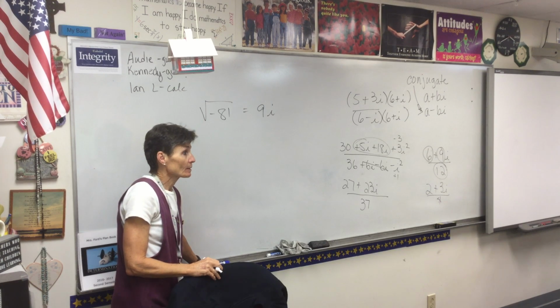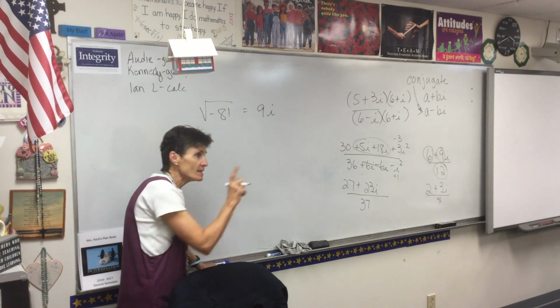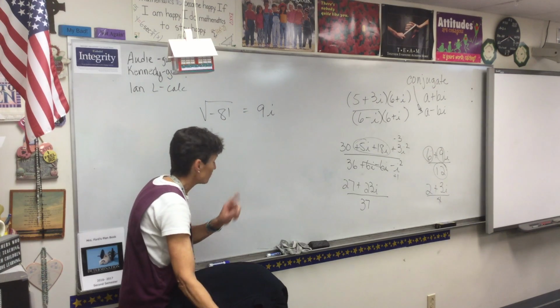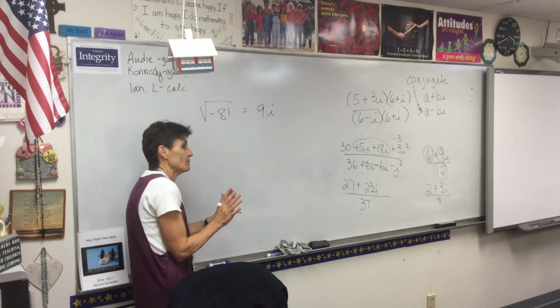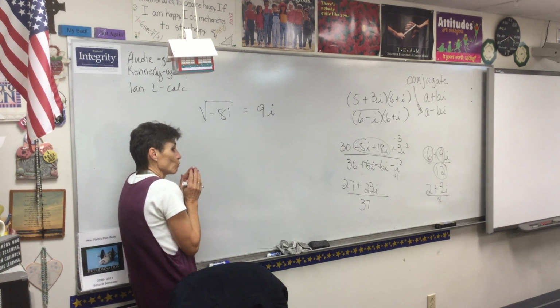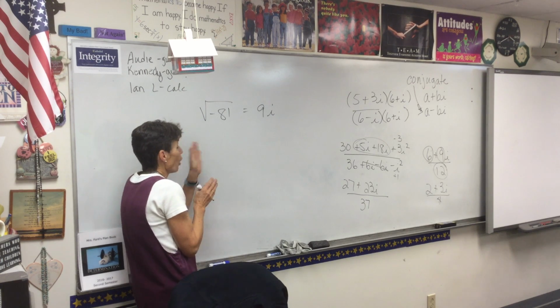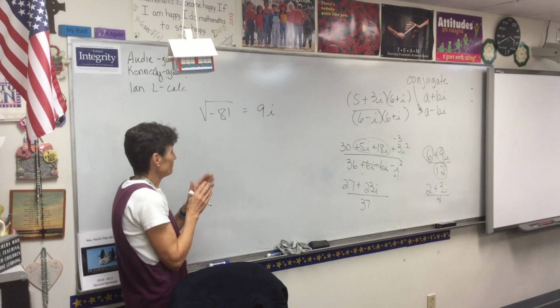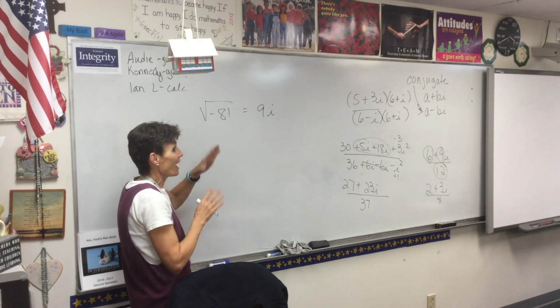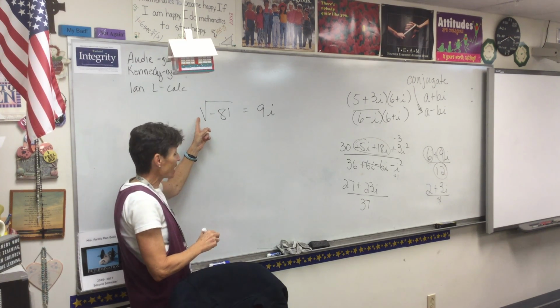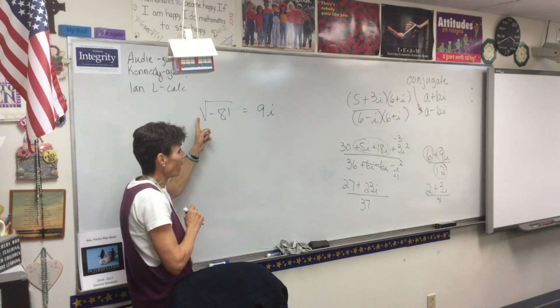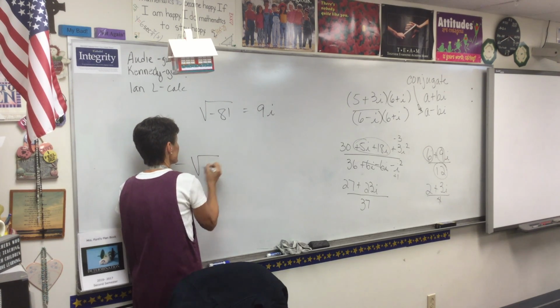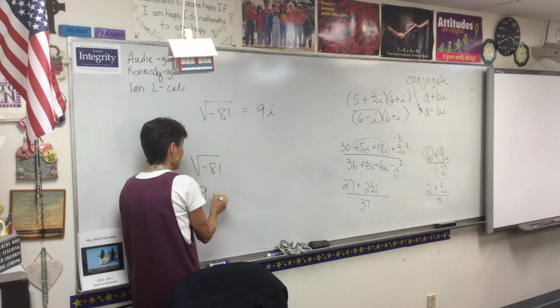Is it not plus or minus 9? Okay, that is a very good point, but we have to be clear on this. When the radical is already present in the problem, it takes whatever sign is there. So there's no sign out here in front, so it stays positive. If we had this, then it would be negative 9i.